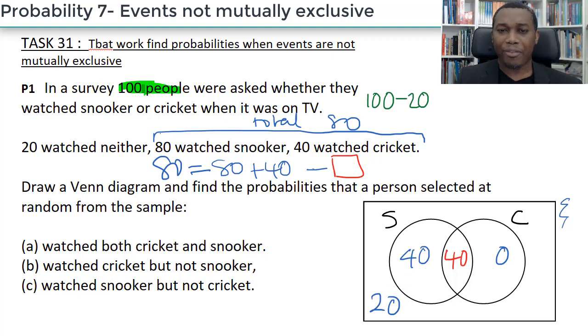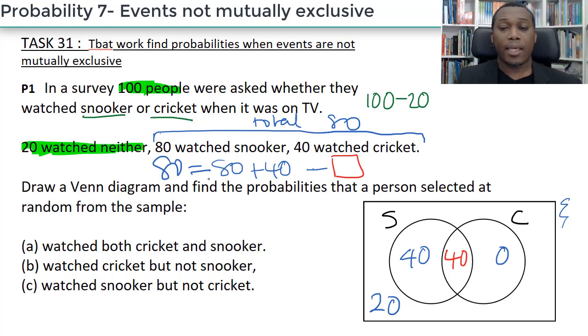Now, after the 100, the three figures we're given, the first of all is 20 watch neither, and the options we had were snooker and cricket. So two circles, one S for snooker and the other one C for cricket. And 20 watch neither, so 20 go outside of the circles. There's 20 people who didn't watch cricket or snooker, so they're outside of the two circles.